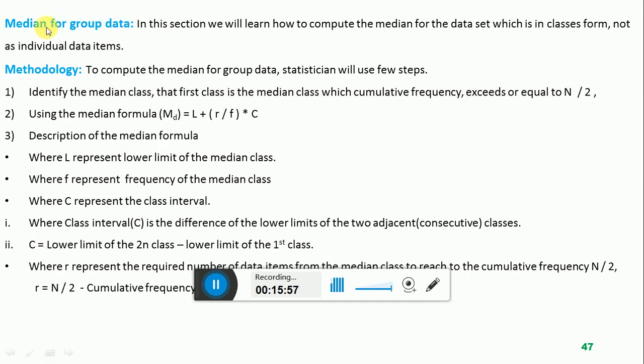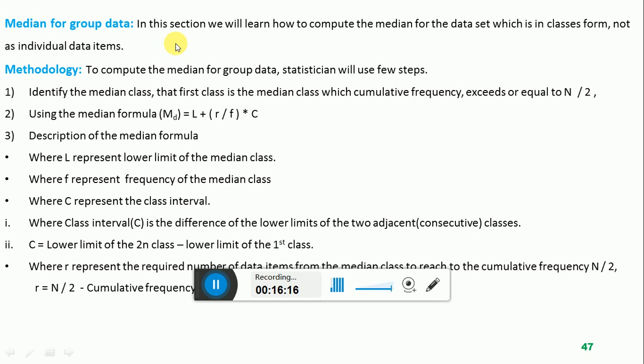Now we are switching toward another approach: how to find the median for grouped data. In this section we will learn how to compute the median for a data set which is in classes form, in group form, not as individual data items.